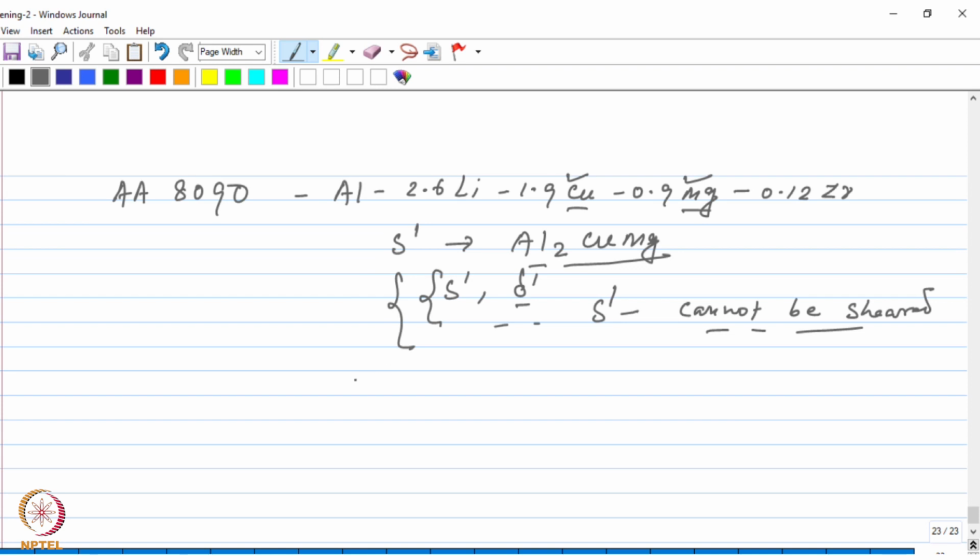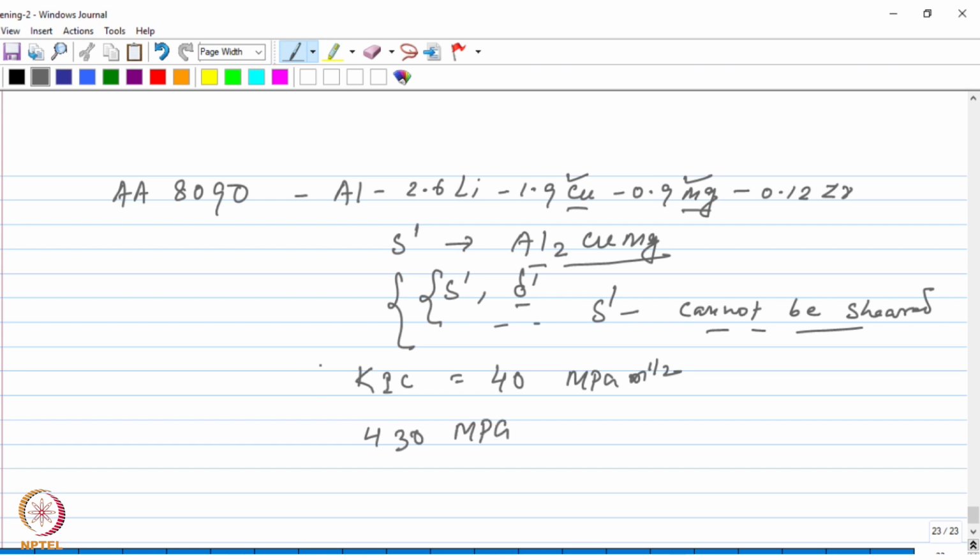The fracture toughness value, for example, the K1C value, is around 40. And the yield strength is around 430 MPa.